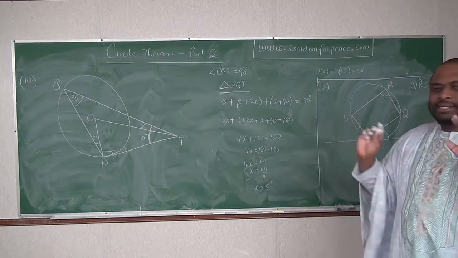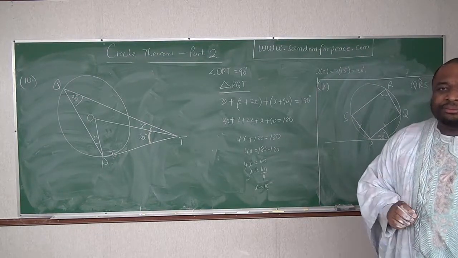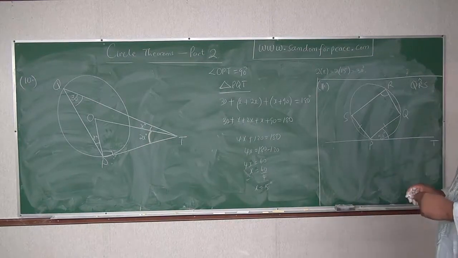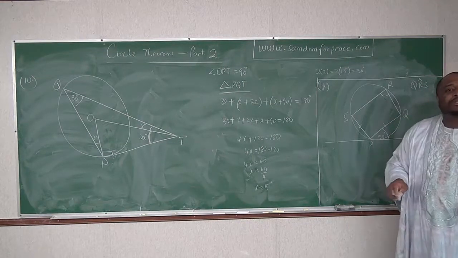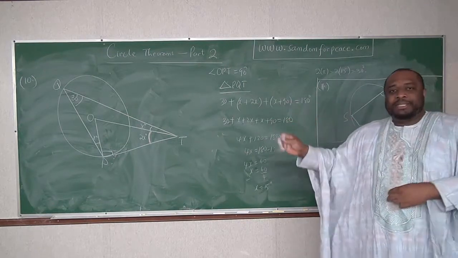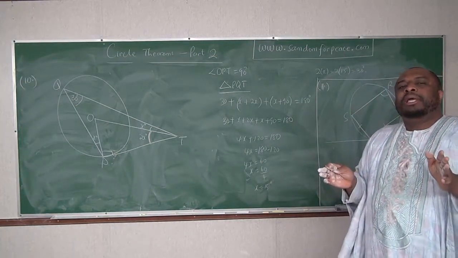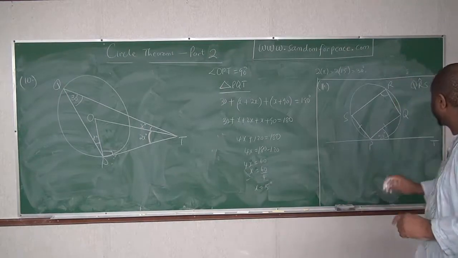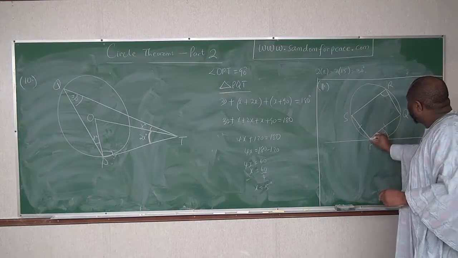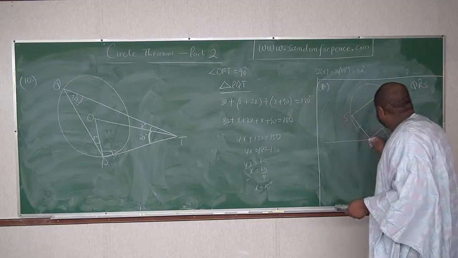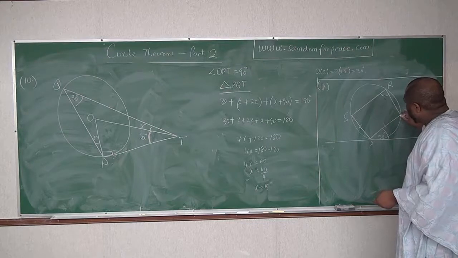Remember when I explained this theorem, I said you have to draw a triangle. Now this is a cyclic chord. If you have this theorem, angle between tangent and a chord is equal to angle in the alternate segment, it has to be that this here is the chord, and you have to draw a triangle.